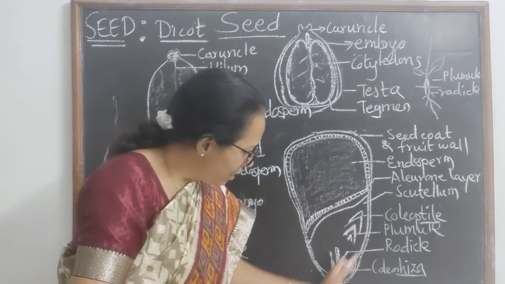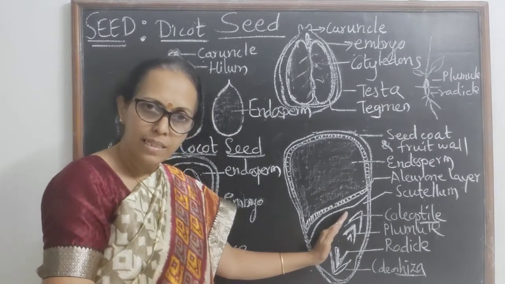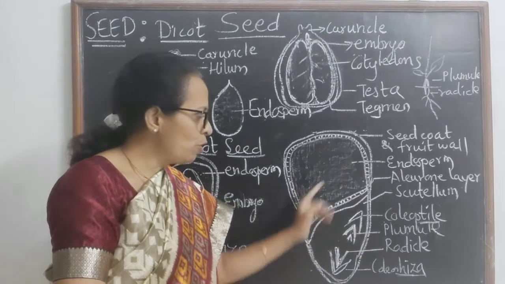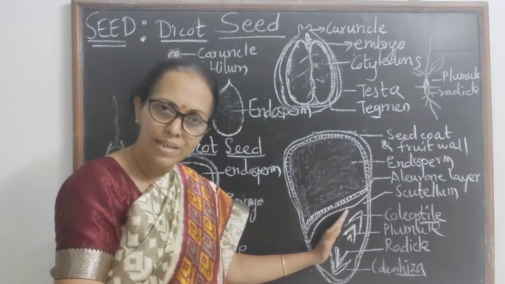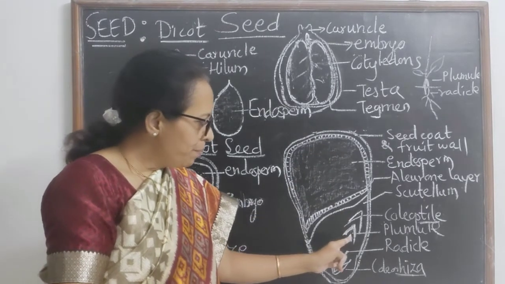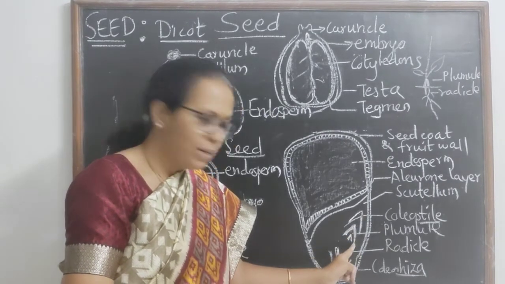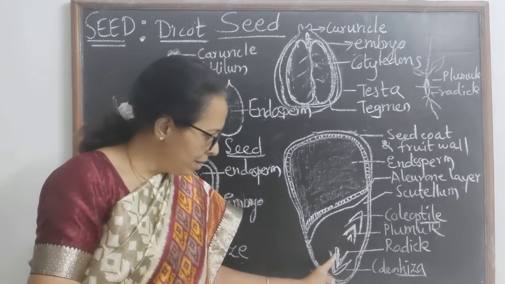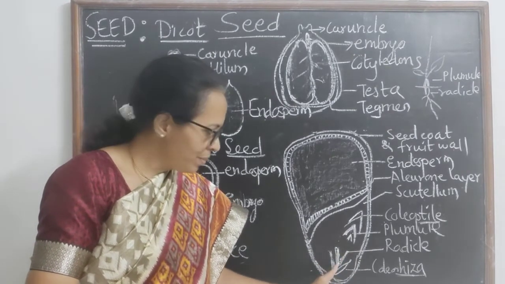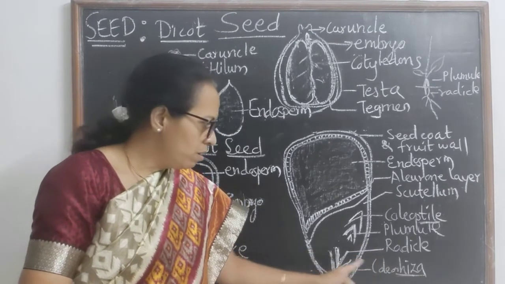Towards the tapering end, you are observing the embryo axis. Towards the broad end, what you are seeing are deposits of reserve foods. Here is the embryo axis, where there is clear-cut differentiation. On the upper region you are observing the plumule, while toward the lower side you are observing the radicle.